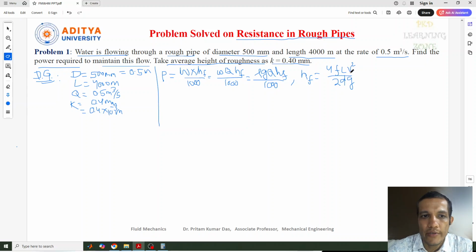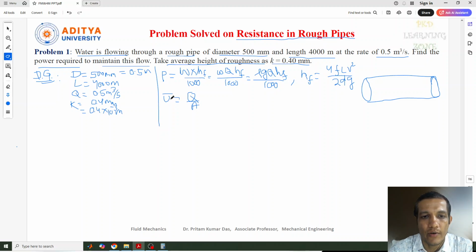This V value is the velocity of the water flowing through the pipe. Here we need to consider the average velocity. The average velocity can be identified immediately from discharge by area, because we know that Q equal to A V is the discharge formula.